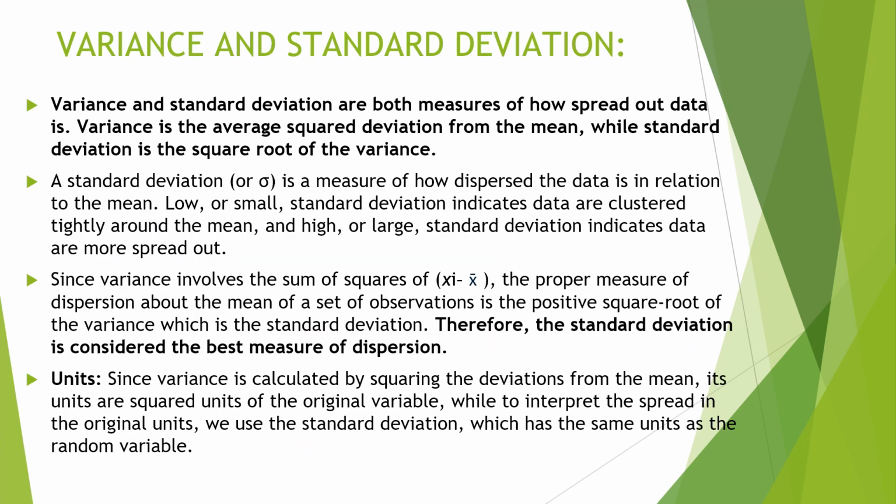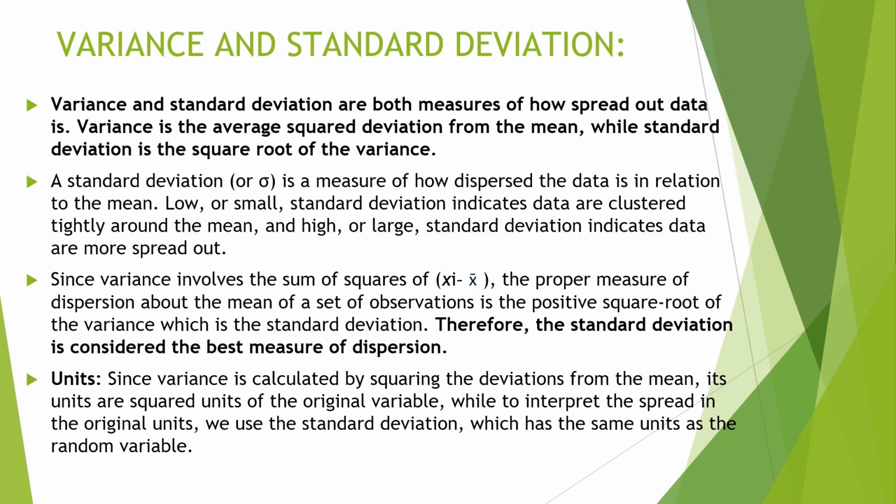We have just seen the formulae for variance and standard deviation and know how it is calculated. So if we want to define, we can say variance is the average squared deviation from the mean, while standard deviation is the square root of variance. Now, standard deviation is a measure of how much dispersed your data is in relation to the mean. Suppose you have a low standard deviation, then it shows that the data are more near or more clustered around the mean.